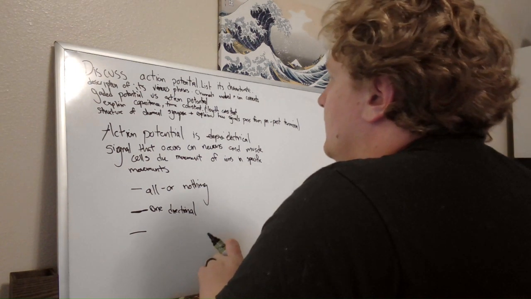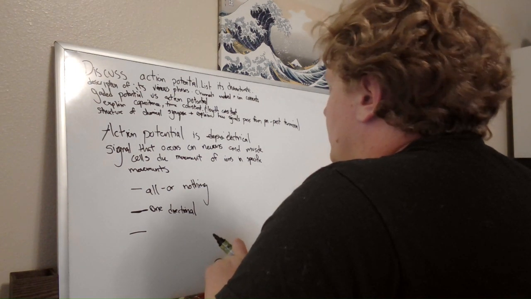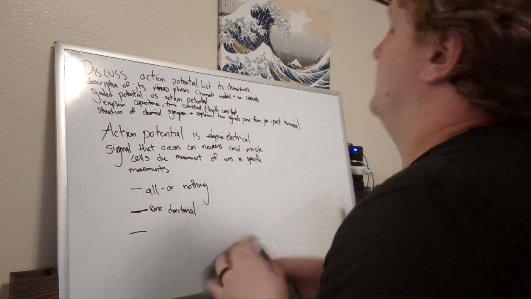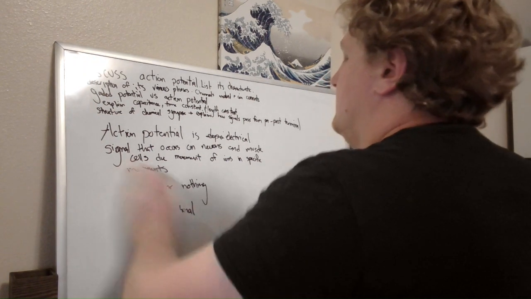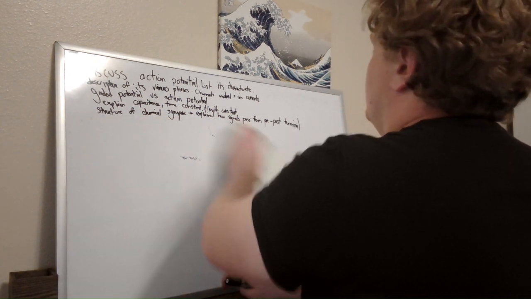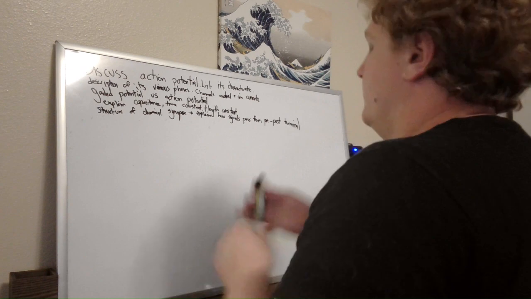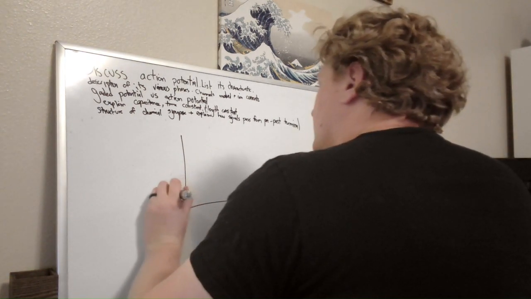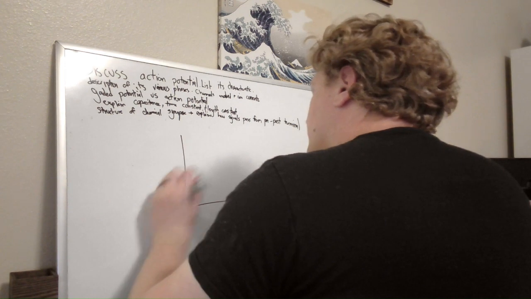And yeah, so let's go through the different phases of an action potential. I'm going to draw one out, and we'll go from there. Here we go. So just a representation.